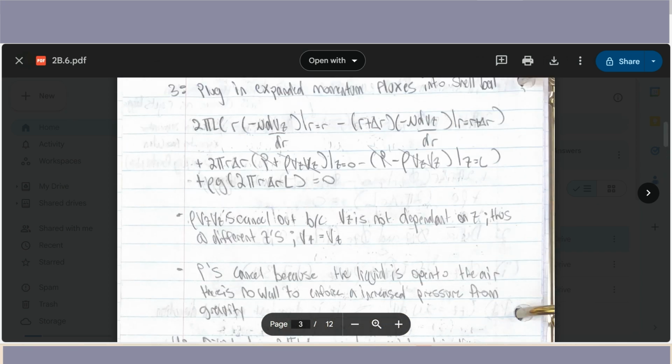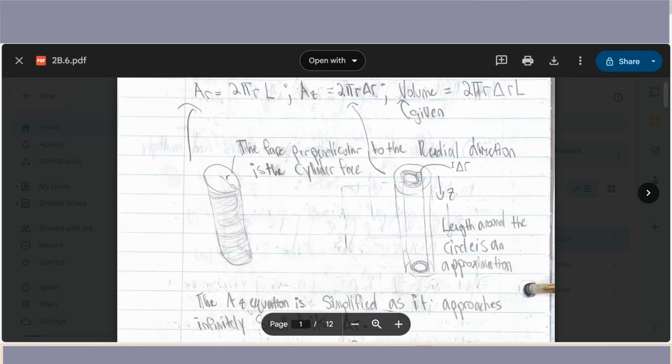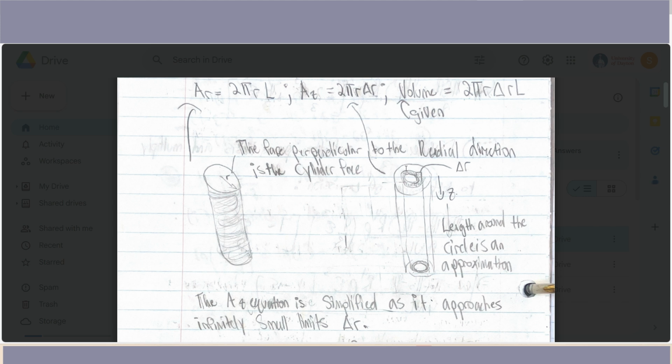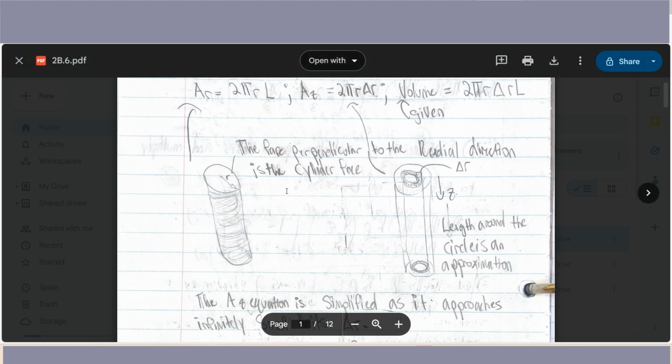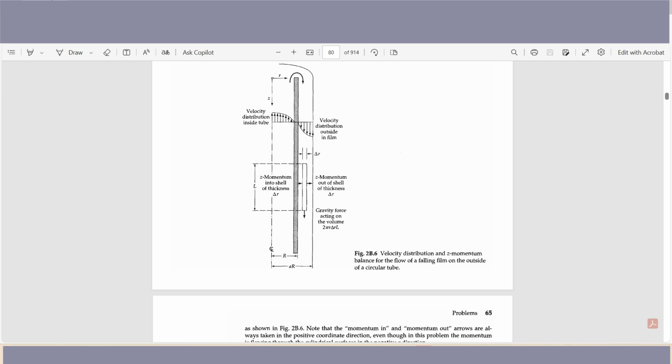That is like this whole circle minus this inner circle here. So it's obviously the area of a circle, pi r squared: pi AR squared minus pi r squared. So that's where you get that from, the area perpendicular.